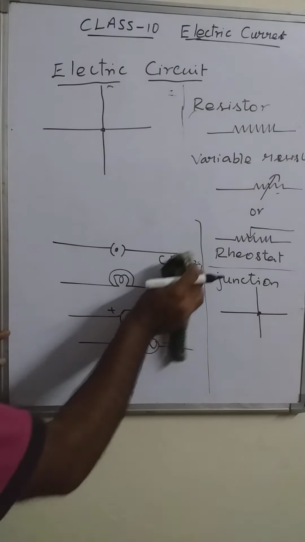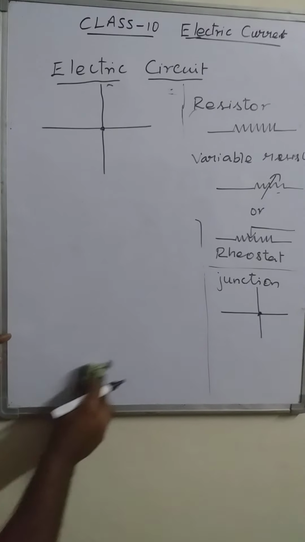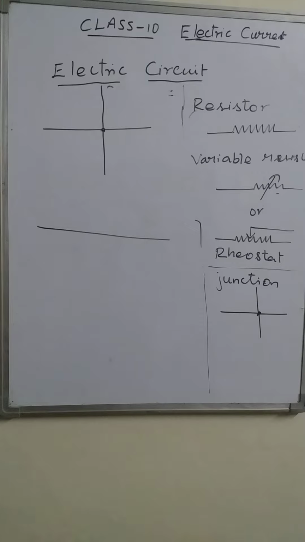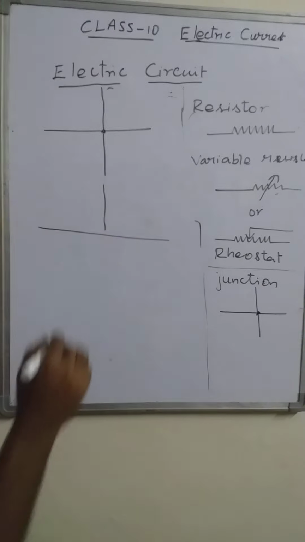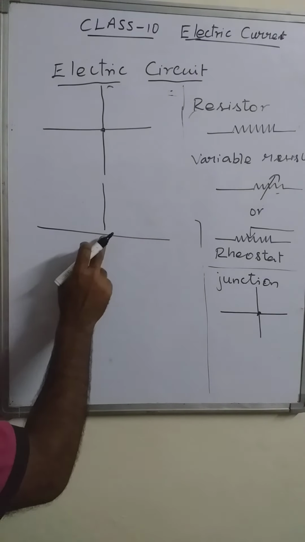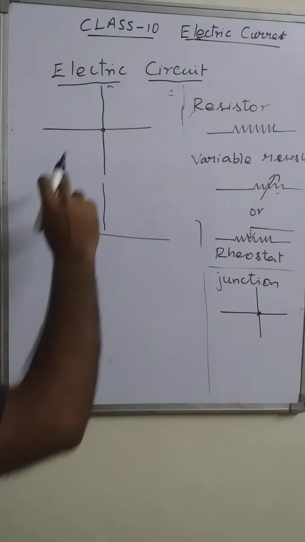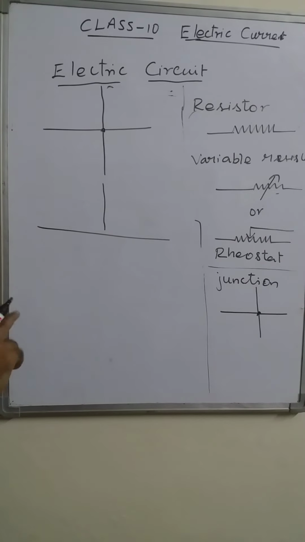Otherwise, it can be shown in another way. Two wires. One wire is taken in this direction. Another wire is going to cross, but here there will be no meeting point. There will be no joint. Here it is a crossing wire without joint.